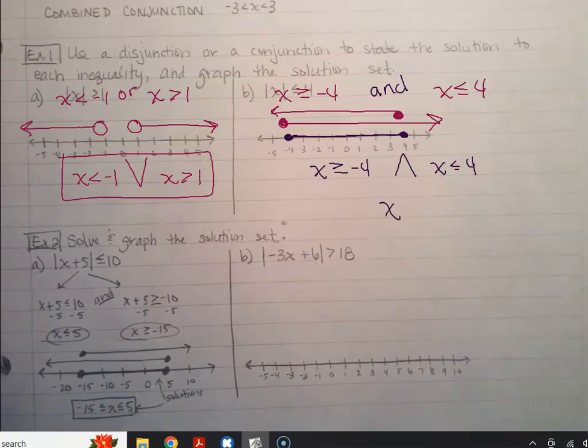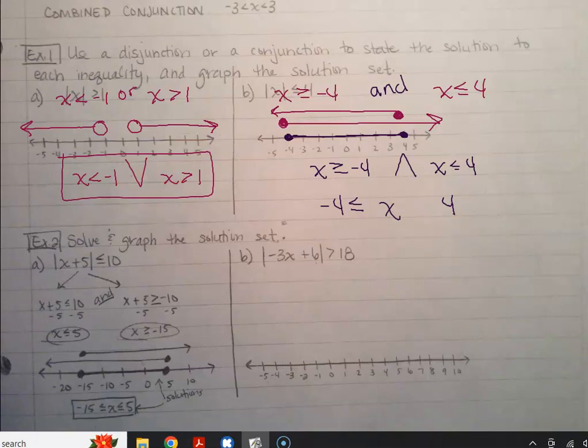You would write -4, less than or equal to, and then 4 on the other side.